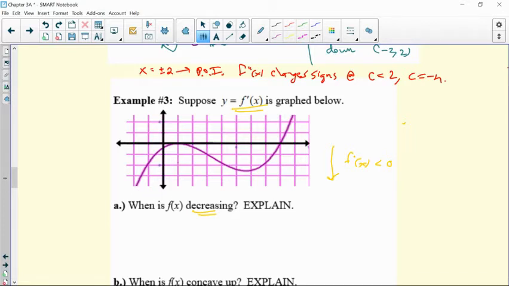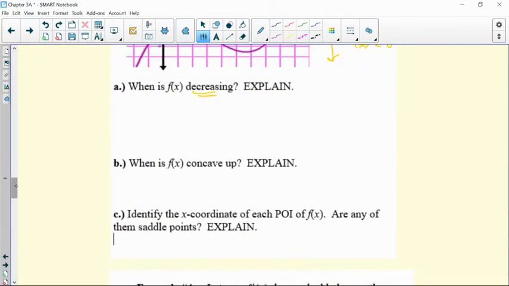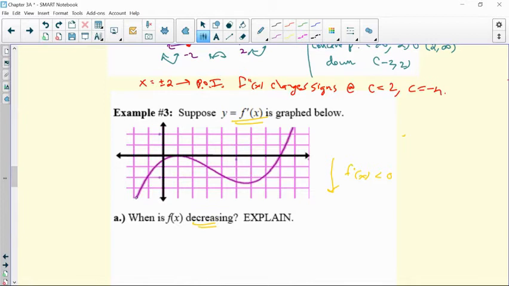Assuming this goes on forever, if that was an arrow, and that's an arrow, then we would say it's decreasing from negative infinity up to, now remember, you can include this point since it doesn't ever change signs. That can just be one continuous interval, or you could split into two. And that goes 1, 2, 3, 4, 5, 6, 7, 8. So negative infinity to 8.